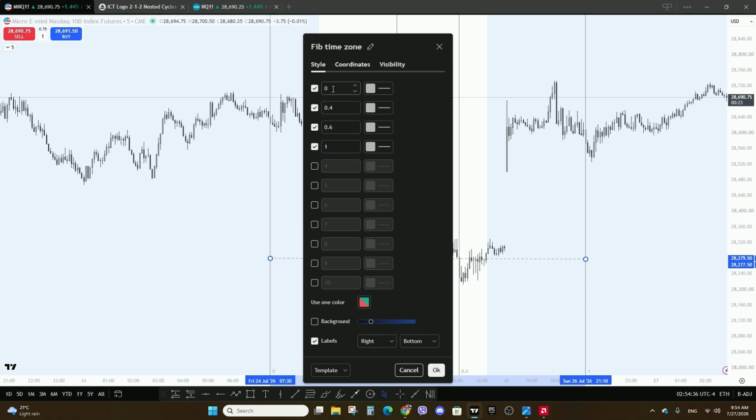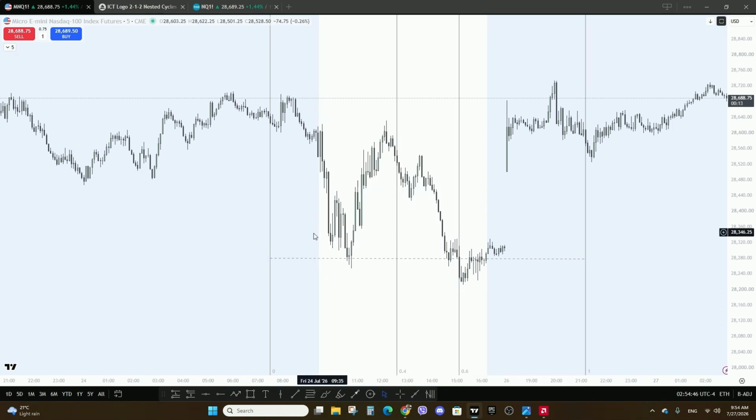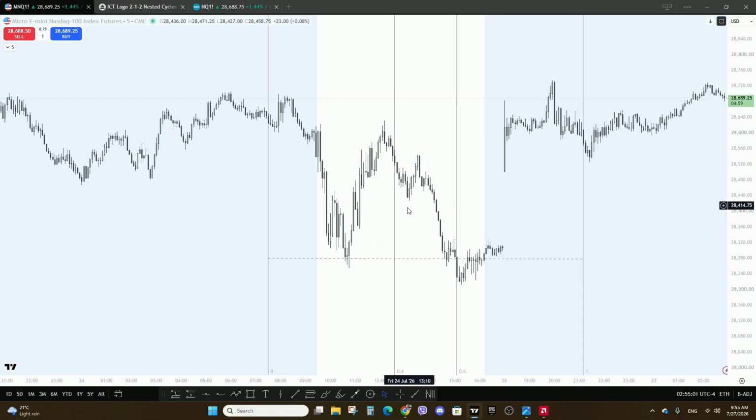Okay, so this represents the 2-1-2 Fibonacci sequence, or the power of 3. Now these levels are what your circles are. So imagine that in this first time range you have this bigger circle, this one. Then the smaller circle is the middle range, and then the other large circle is here, the last range of the Fibonacci sequence.